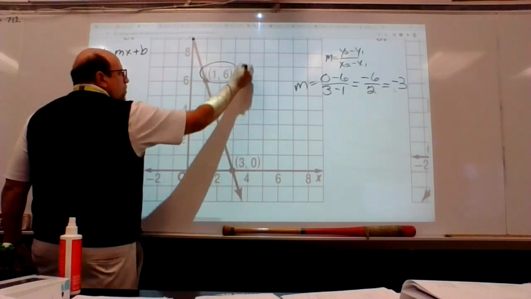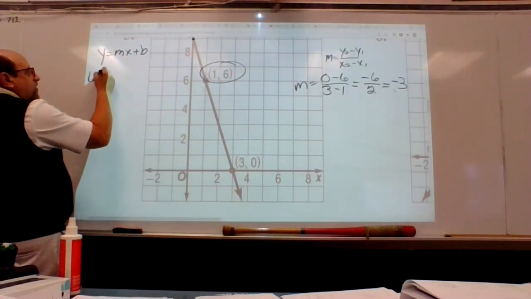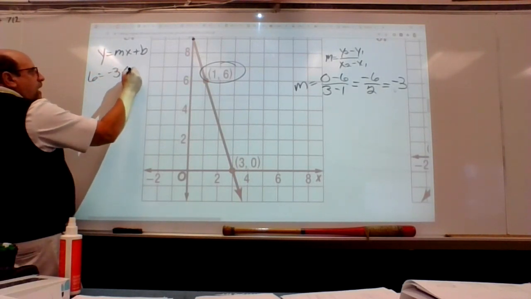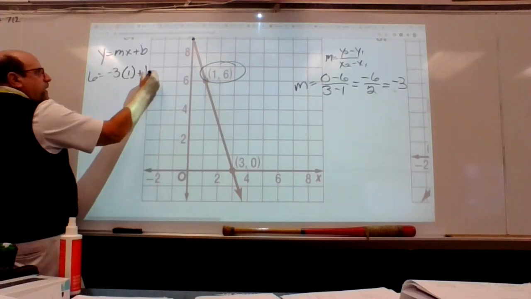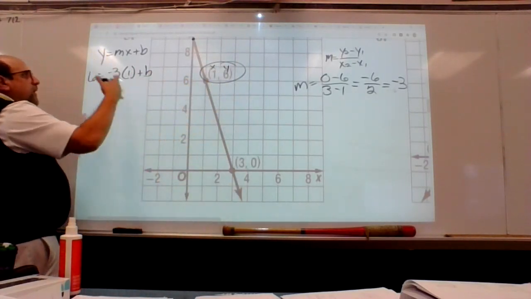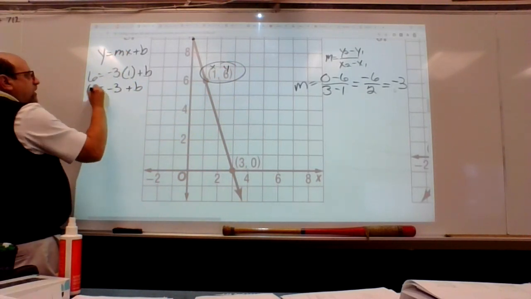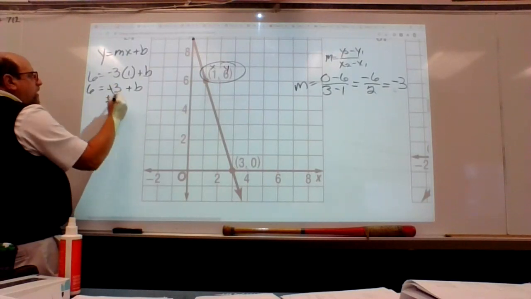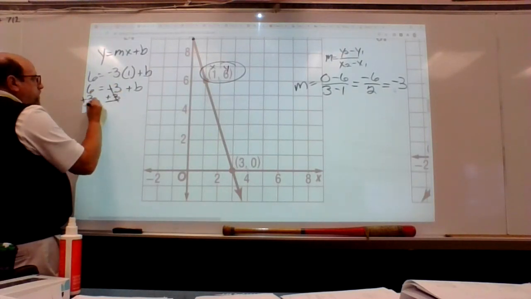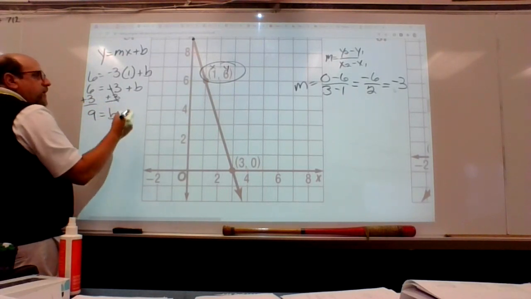We're using this coordinate pair and our slope of -3. 6 equals -3 times 1 plus b. There's our x, there's our y. Here we go. -3 plus b equals 6, plus 3 on both sides. 9 equals b. Hey, look at that.